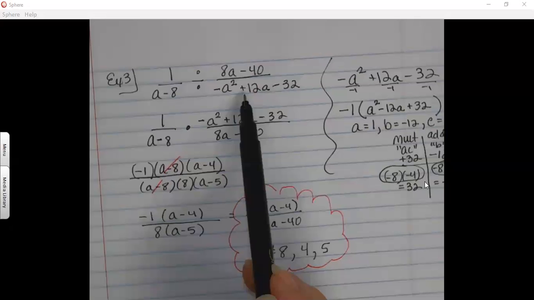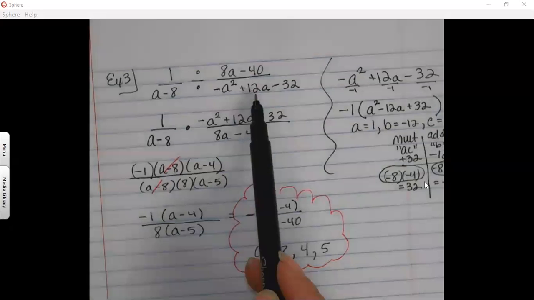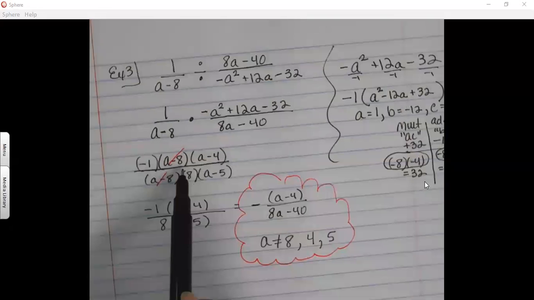So that gave me a restriction of 8 and 4, because it doesn't end up in the denominator, but at one time it was in the denominator. So I had to look at anything that was ever in the denominator. When you're multiplying, nothing ever moves around, right? But dividing, it does. So that's the tricky part.